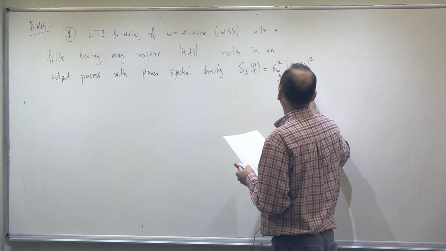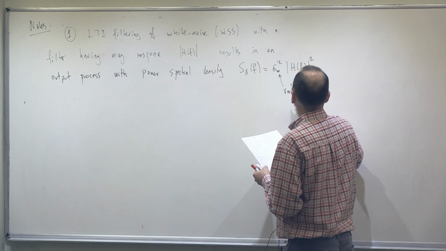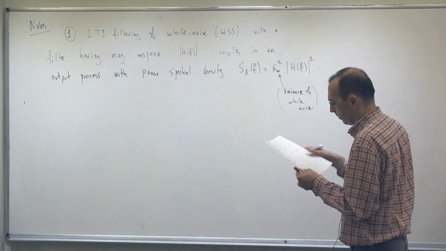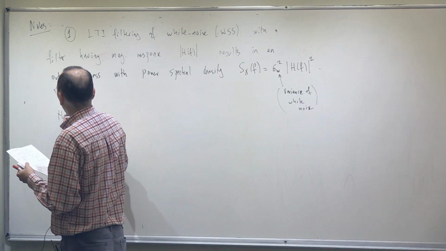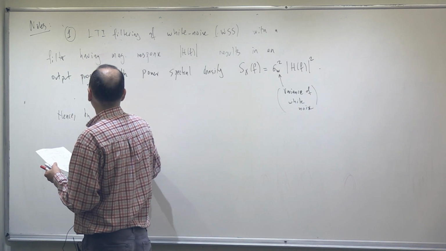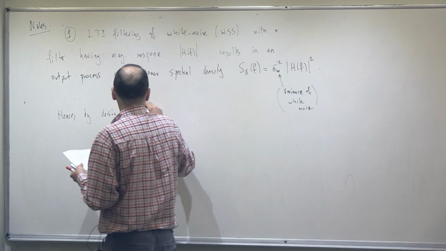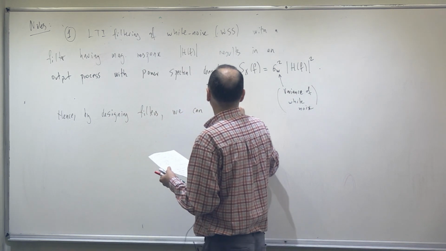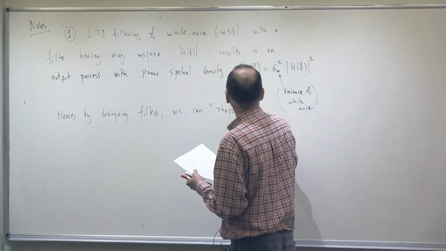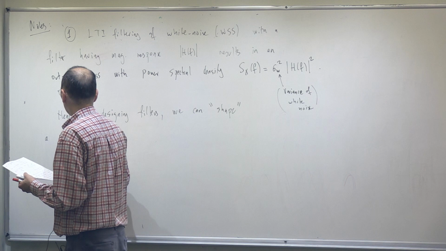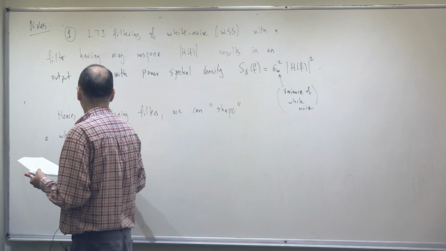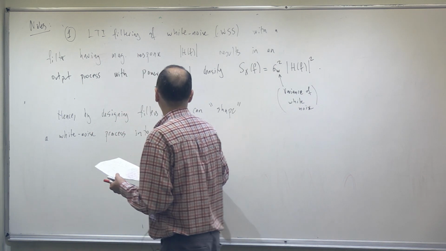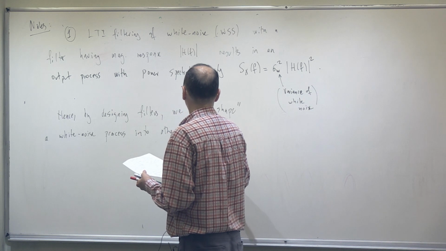This is the variance of white noise. So we see that, by designing filters, we can, in quotations, shape a white noise process into other processes by a filtering operation.